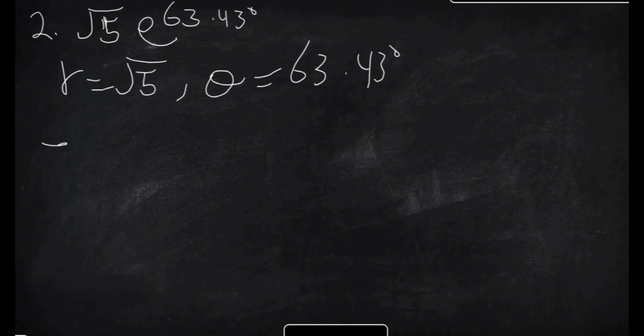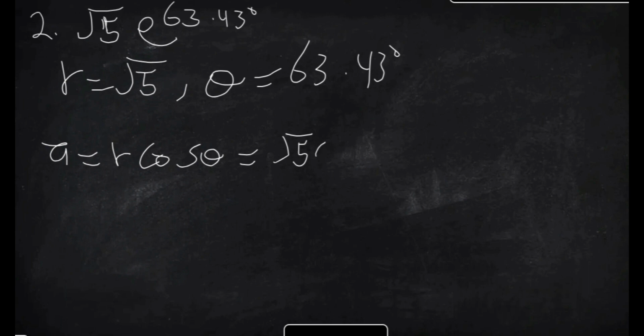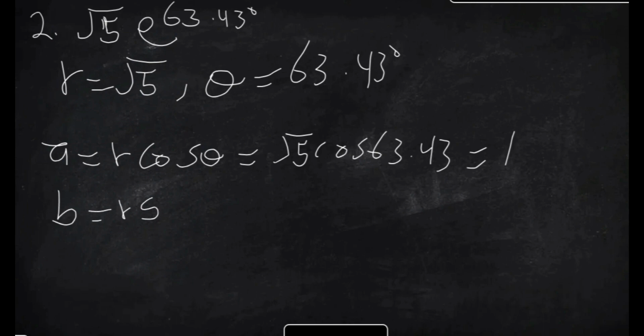Now converting it to a rectangular form, we have a equal to r cos theta, which is root 5 cos 63.43. That gives a value of 1. And we also have b, the imaginary part, equal to r sine theta, which is root 5 sine 63.43.